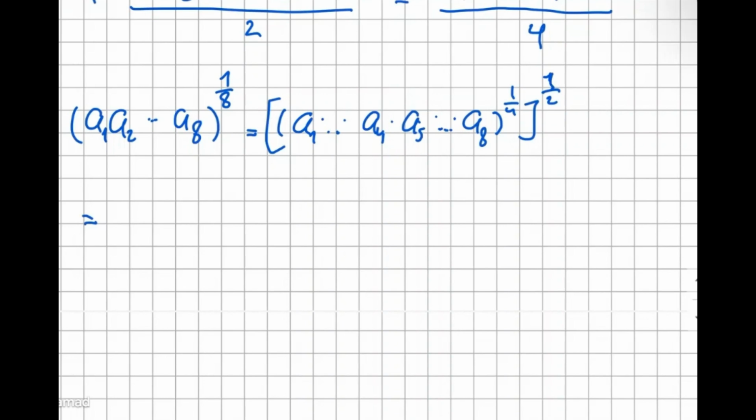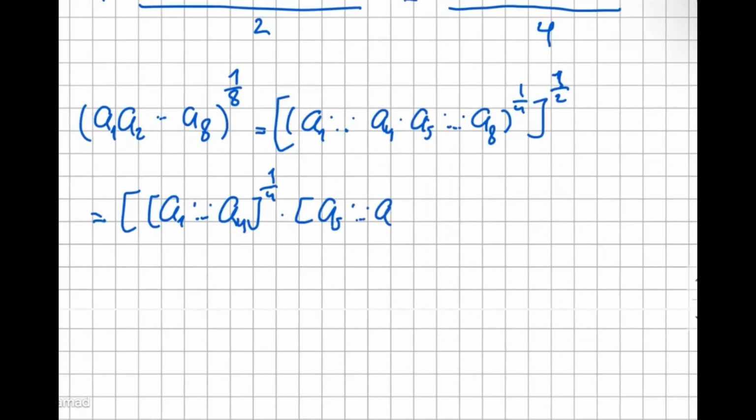Now we write this term as a1 till a4, this to the power of 4, times a5 till a8 to the power of 4. And then, of course, we have our outer square root, to the power of 1 over 2. Now what we want to do is consider this here to be x and this here to be y.